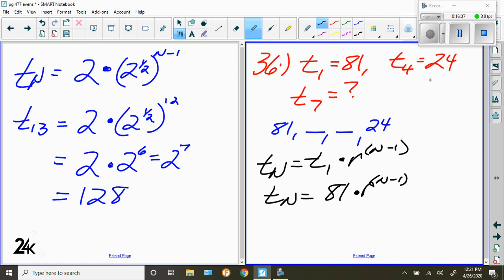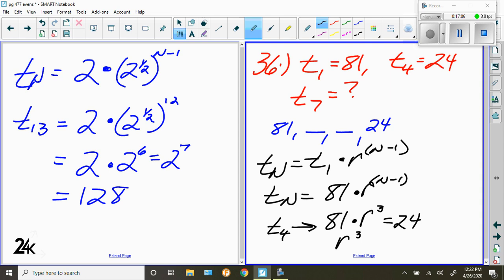So let's try the fourth term again. Maybe this time we'll get it. The fourth term is going to be 81 times r to the n minus 1, which is 3, but we know that answer is 24. Here we go.